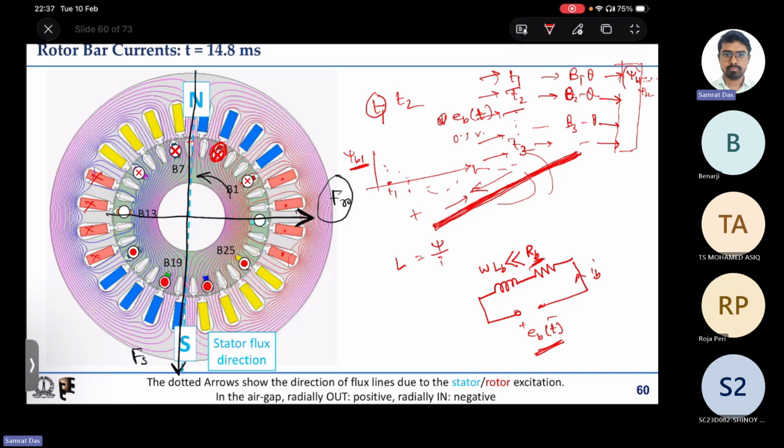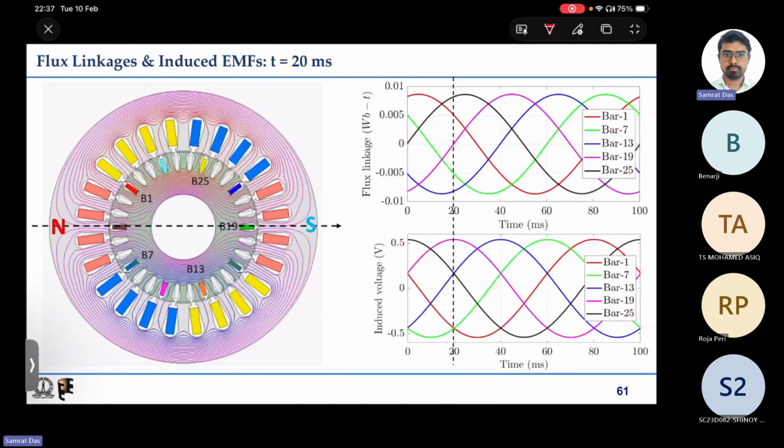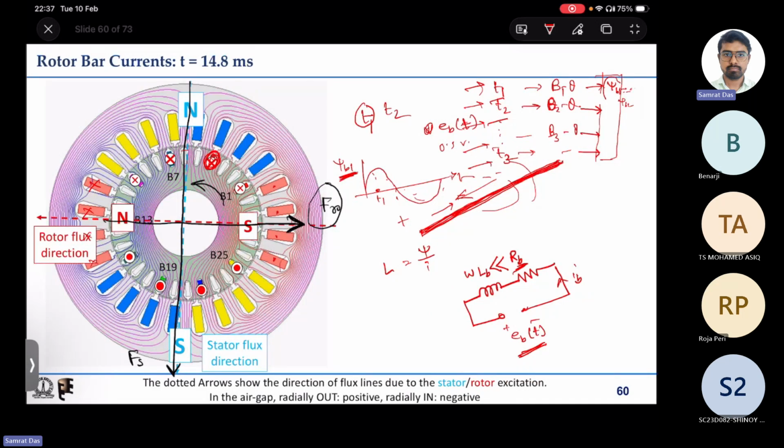Now you have psi b1. You can estimate the resistance and inductance from FEMM or from hand calculation. So by that, once you know this IB1, some current, some flux linkages, you could also get the EB1, that is the induced EMF. Now you can divide the EB1 by the impedance to get the current.